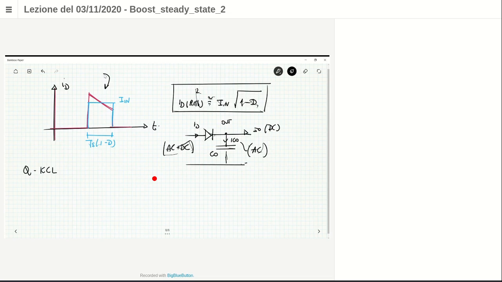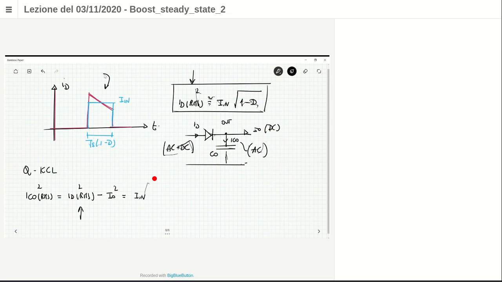So in that case, we can evaluate that IC0 RMS value squared is equal to ID root mean square value squared minus I0 squared. Now it is clear why we computed here the root mean square value of the diode current, because it should form in this equation.